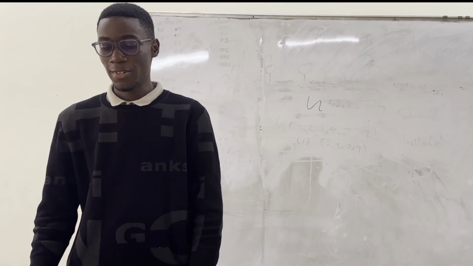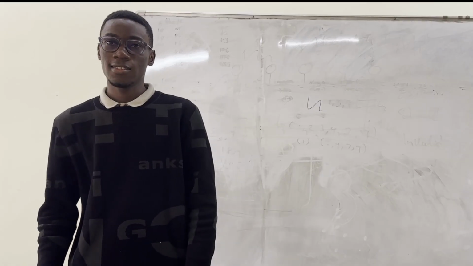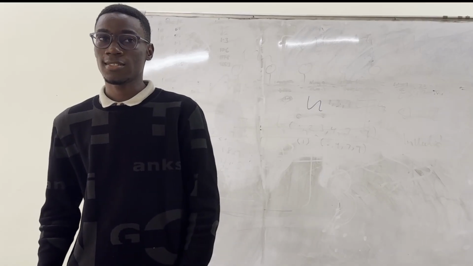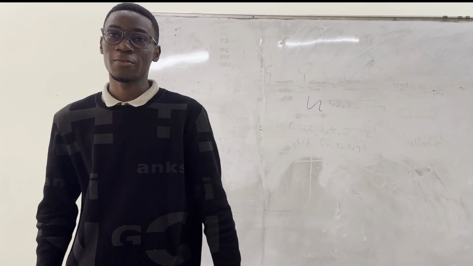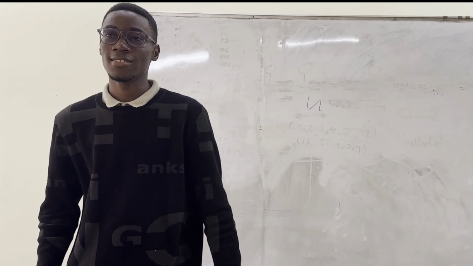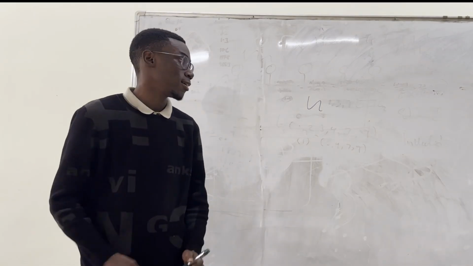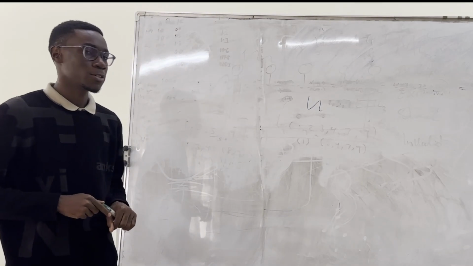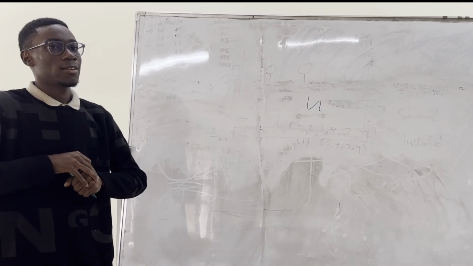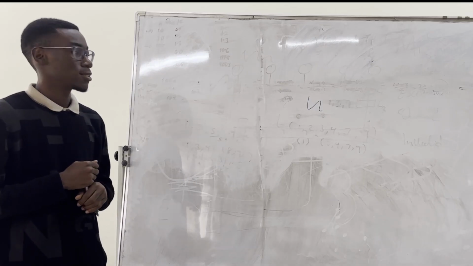So what I'm looking at today is multivariable calculus. What most of you are familiar with is single variable. Let's handle calculus 1 and 2, whereby you're dealing with functions that take in one input.